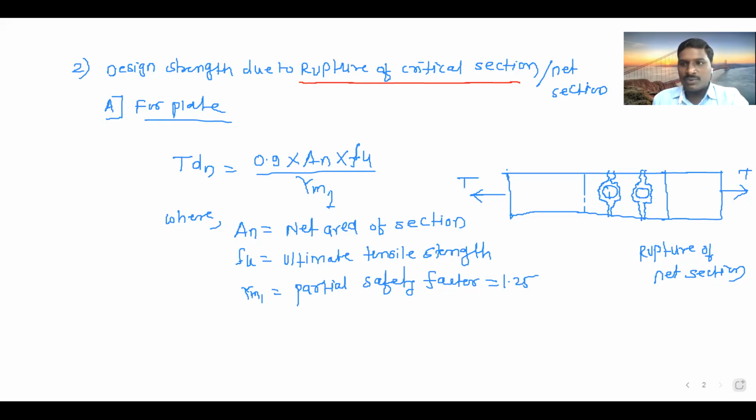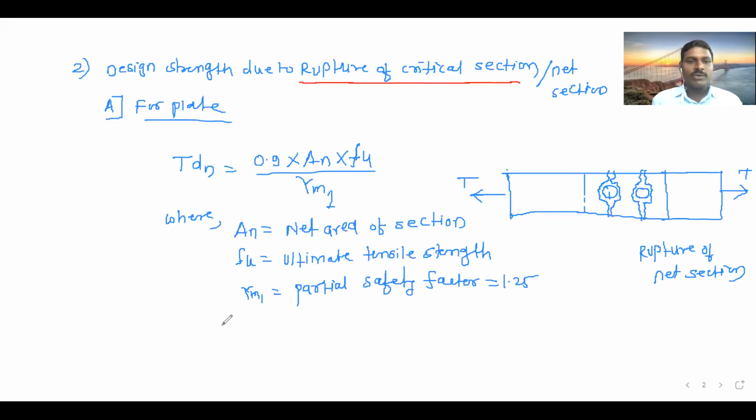Okay, so this is for plate. So we will move next for angle. If angle is given in your example, in that case, the rupture of critical section formula, design strength due to rupture of critical section, TDN is equal to... One thing I have to tell here: how to calculate AN.